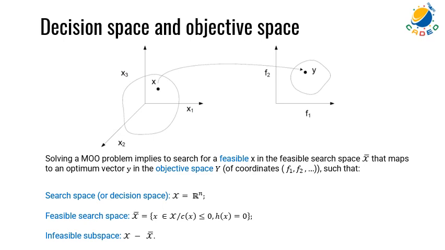So, in a nutshell, solving a multi-objective problem is like embarking on a journey within this decision space, exploring possibilities and different combinations, but only considering the ones that align with our predefined constraints, and also that optimize our objective functions. It's the art of navigating through the feasible search space to uncover the optimum vector that satisfies our multi-objectives in the objective space.